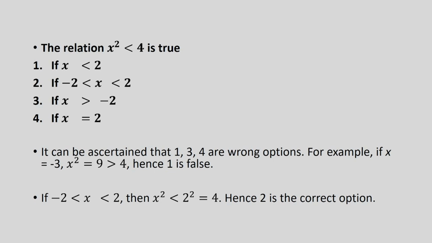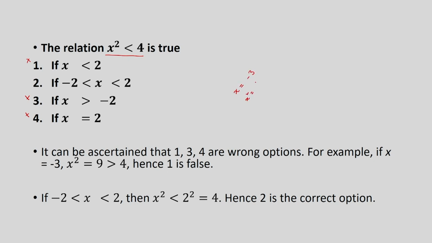It can be ascertained that 1, 3 and 4 are wrong options. Why are they not correct? Let us take one example. The first one: if x is less than 2, will it satisfy this? For example, if you take x equal to minus 3, then what is x square?